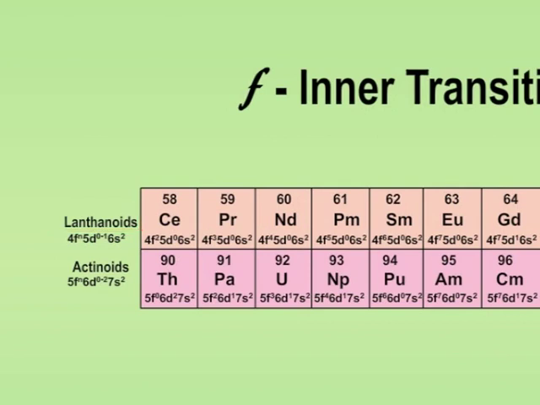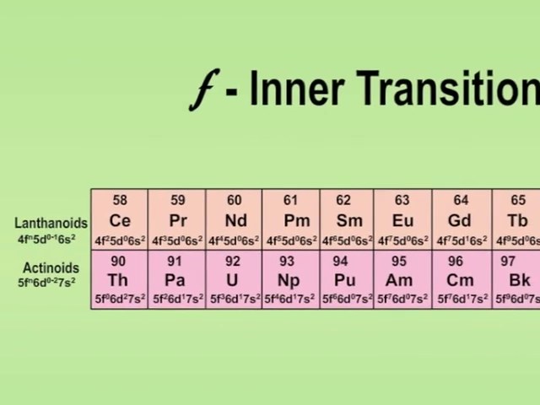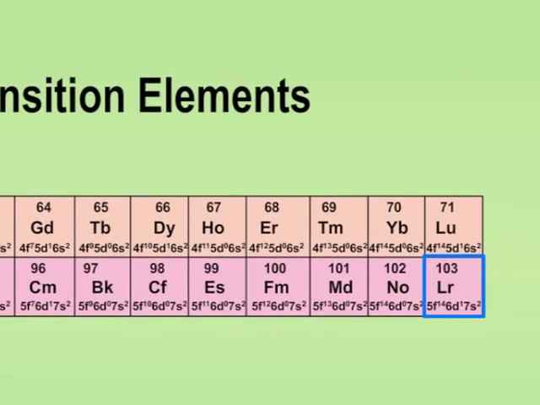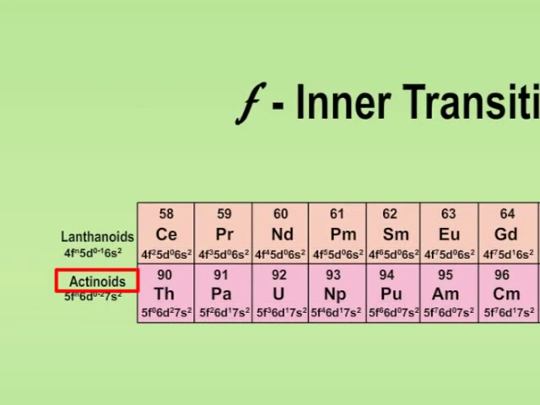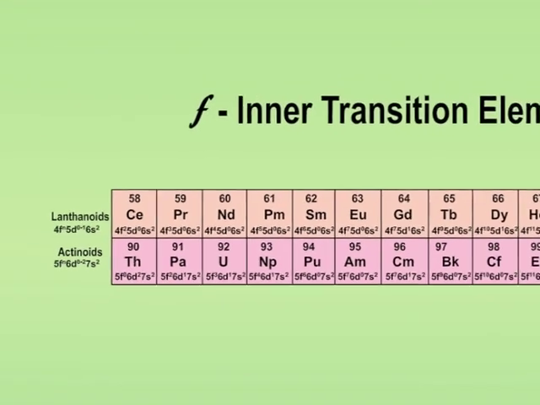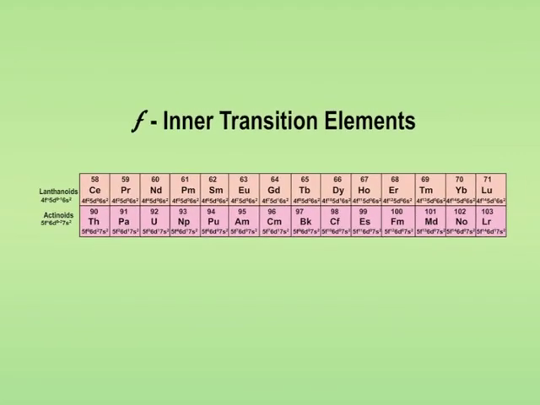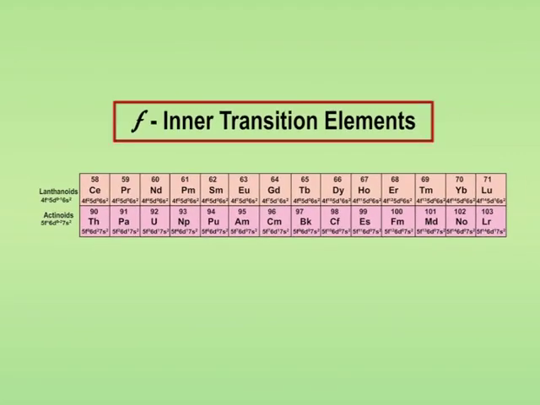The second series of elements with Z equal to 90 (thorium) to Z equal to 103 (lawrencium), which forms part of the 7th period and follows actinium, are called actinides or actinoids. These elements are also called inner transition elements.